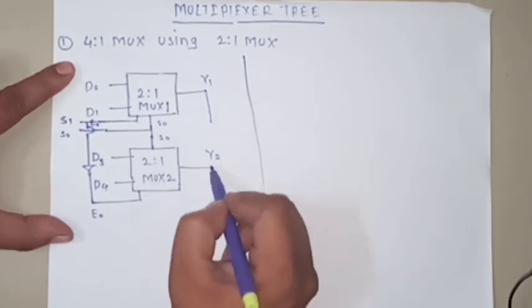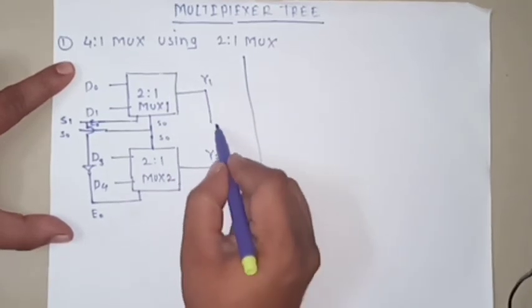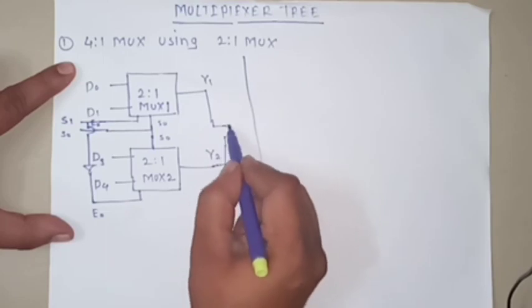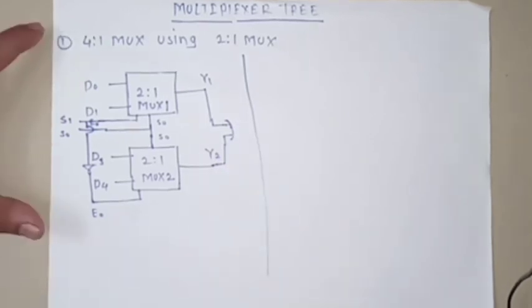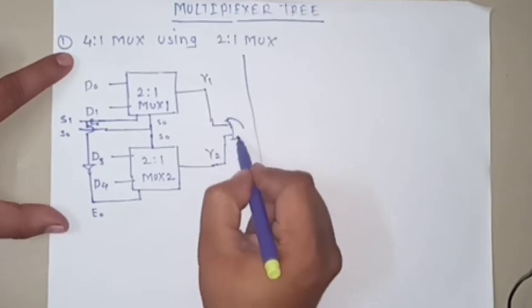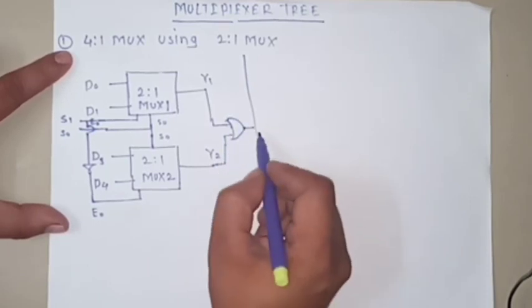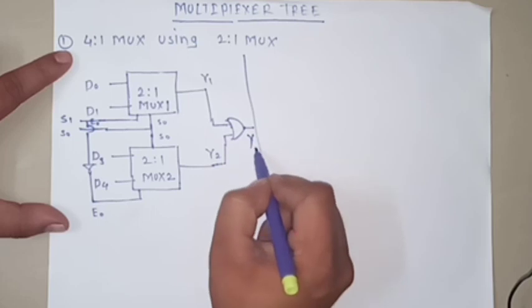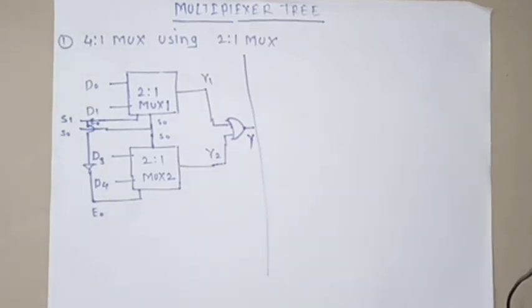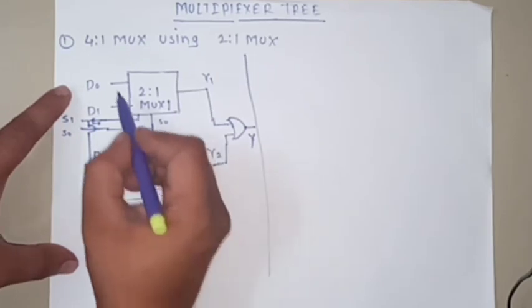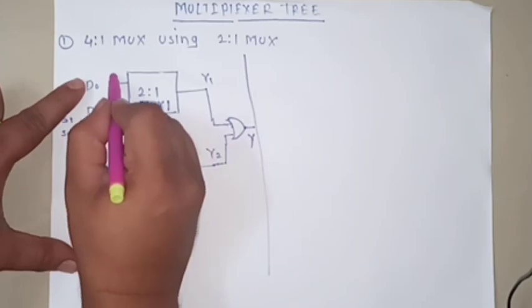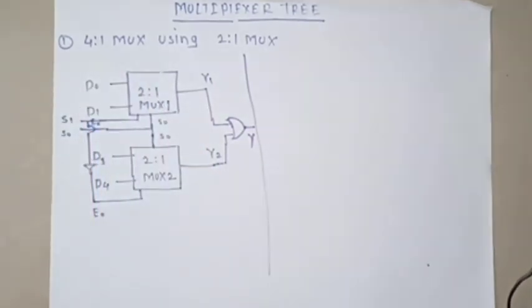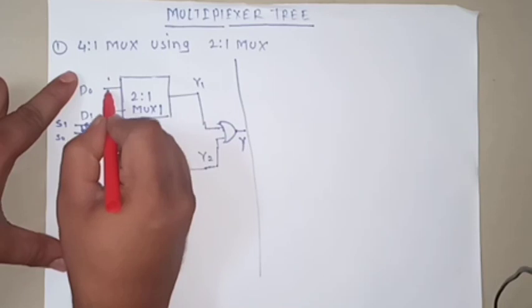Finally, whatever outputs we get from these lines are ORed together. For ORing we require an OR gate, and here we get the final output Y. Suppose I draw a dotted line around the whole structure externally, so you will get a better idea of the multiplexer.